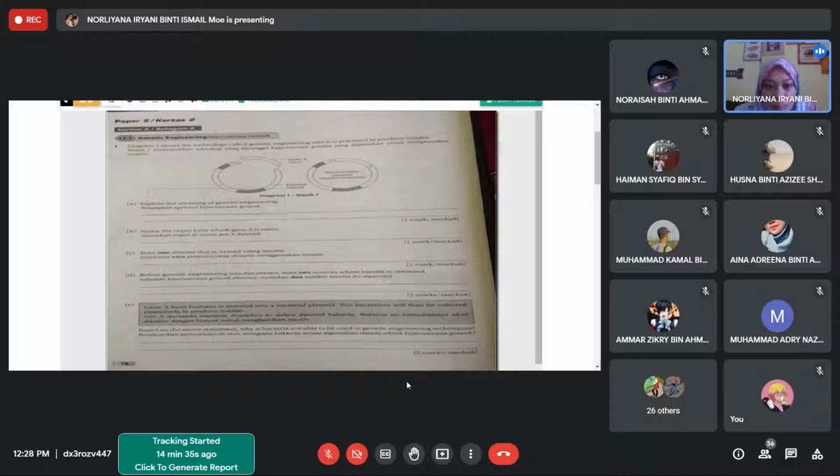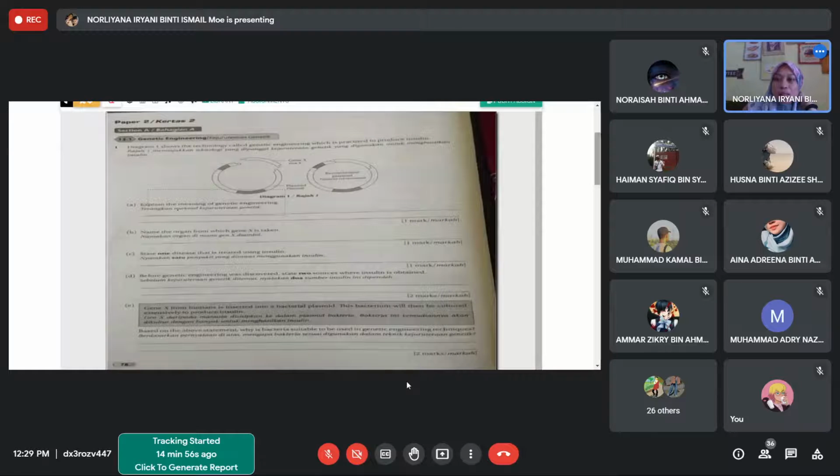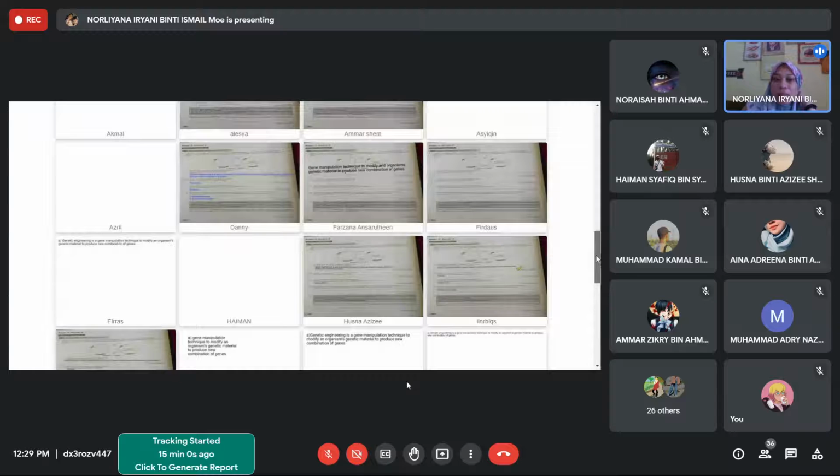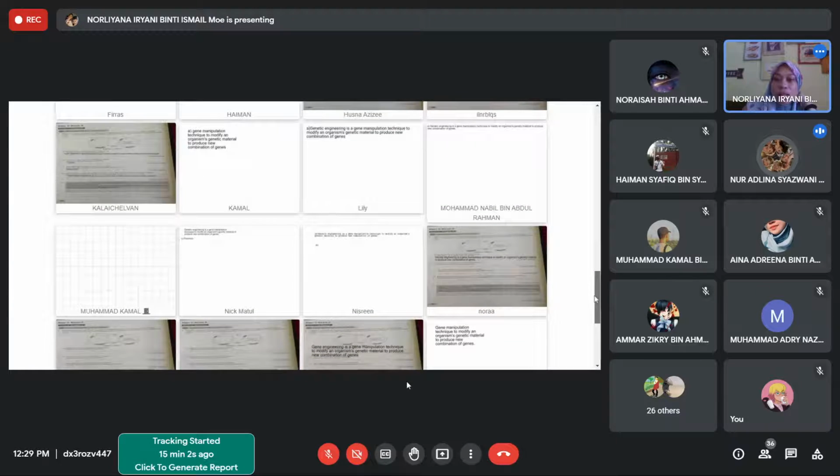So, name the organ from which gene X is taken. Gene X, where does it come from to produce the insulin? Can you guess what the organ is? So, what is the organ? Teacher, is it DNA?